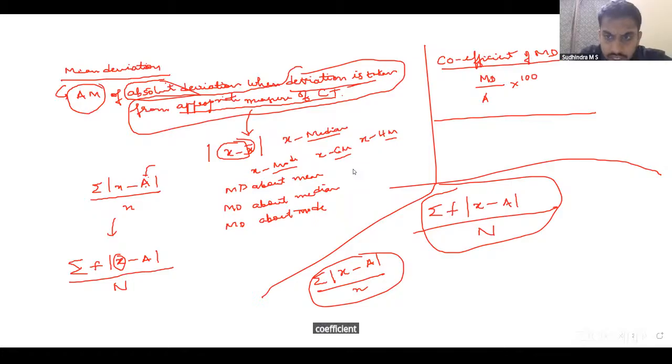Below that, coefficient of mean deviation equals mean deviation by A into 100.